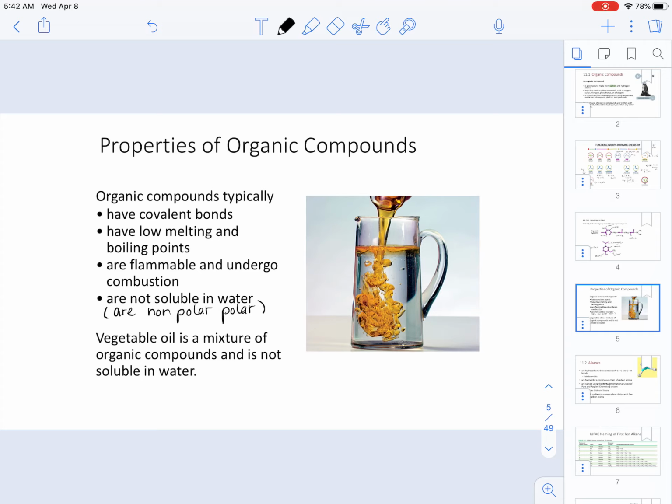And as we learned in chapter 9, remember that like dissolves like. So the reason why vegetable oil, which is a non-polar compound, which is also an organic compound, doesn't mix with water is because it is a non-polar compound.